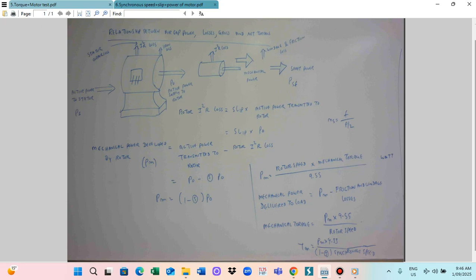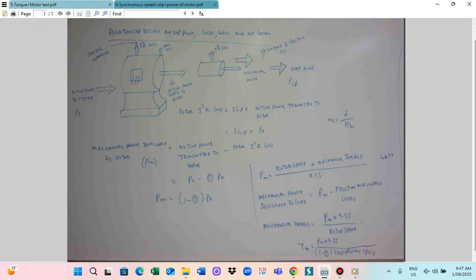Then we can also calculate the rotor I square R loss. We can calculate it as the slip multiplied by the active power transmitted to the rotor, so slip multiplied by P0.